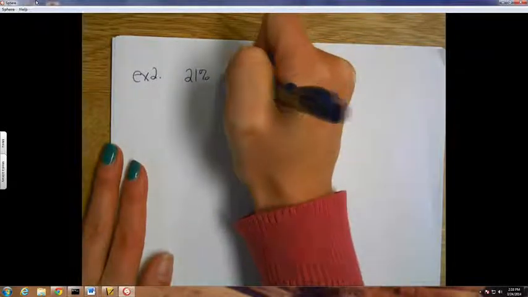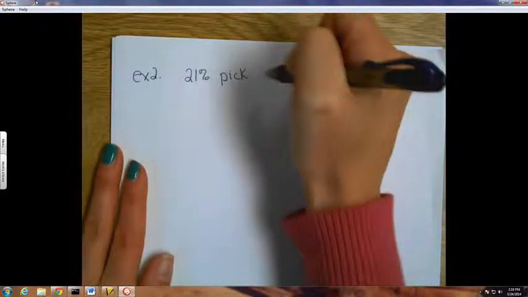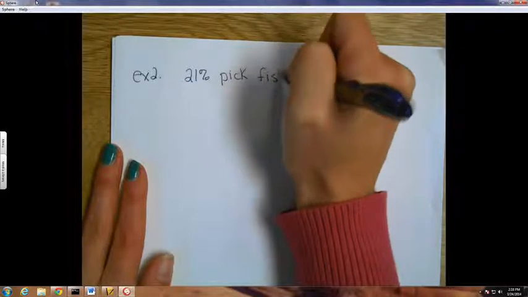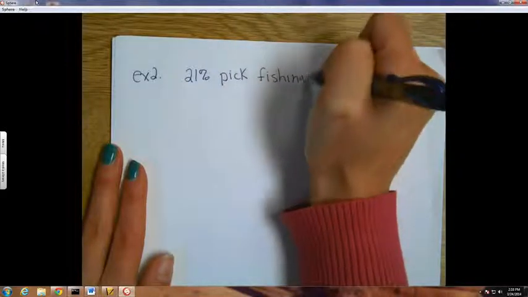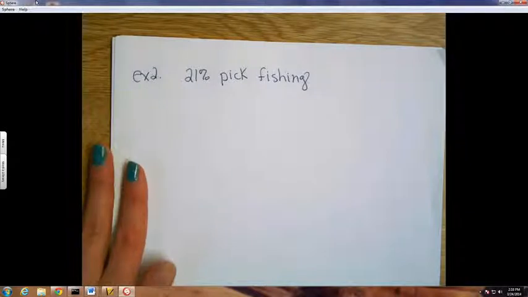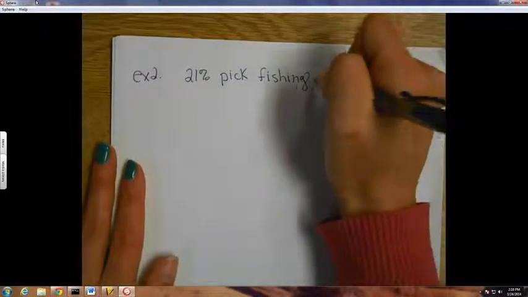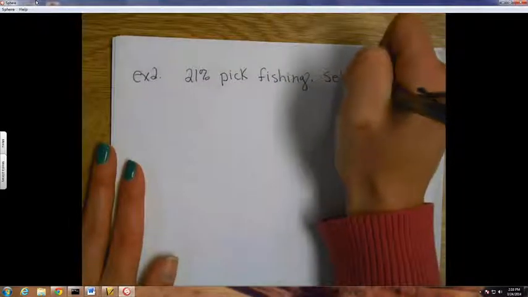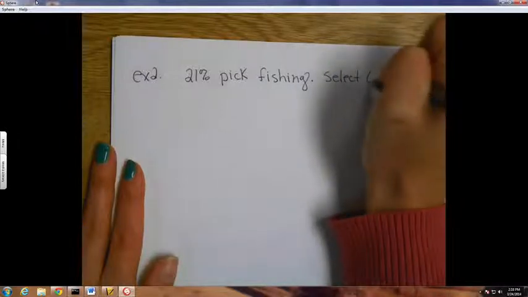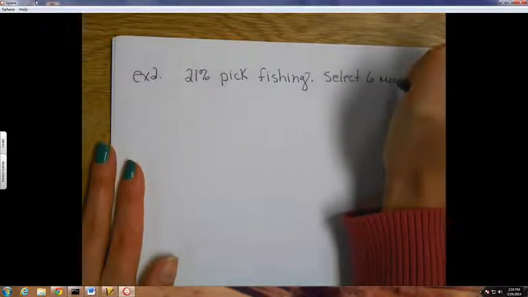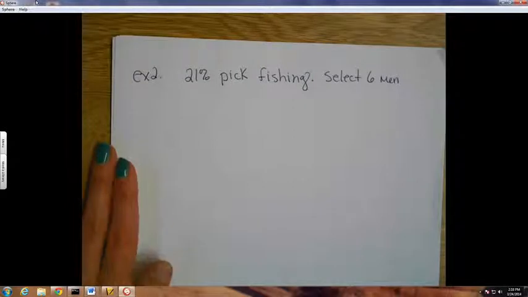Okay, 21% of men pick fishing as their favorite leisure time activity. You are going to select 6 men and ask them what their favorite leisure time activity is. If they pick fishing, it's a success.